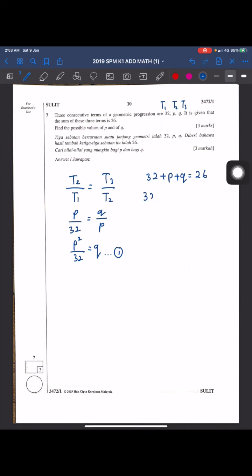So 32 plus P plus P square over 32 equals to 26. Kalau tengok sini kita ada over 32 kan. Kalau nak hilangkan 32 tu, kita divide the whole equation with 32.